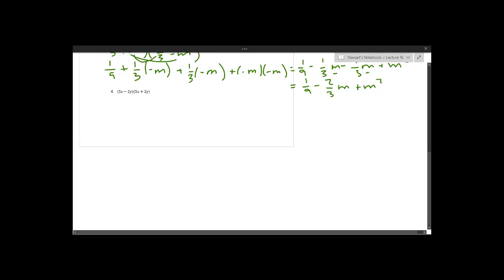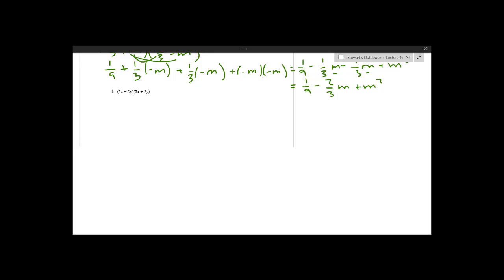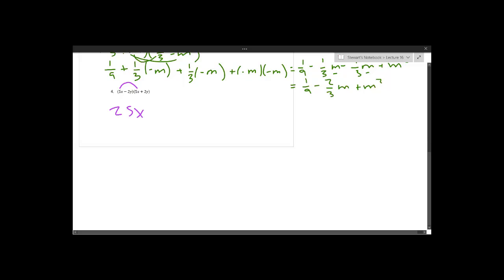Okay, so we're going to apply the FOIL method again. That's customary when you are multiplying two binomials, because that way you account for all of the multiplication that happens. So first we have 5x times 5x. So our first term is going to be 25x squared.